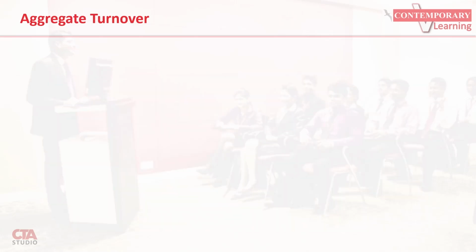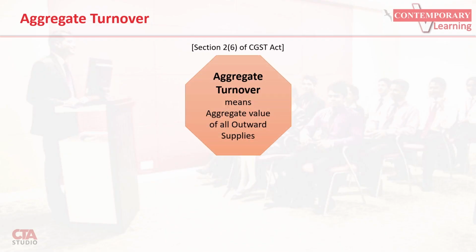To understand threshold-based registration, we must first understand what aggregate turnover means. According to Section 2(6) of the CGST Act, aggregate turnover means the aggregate value of all outward supplies. But what does this include?